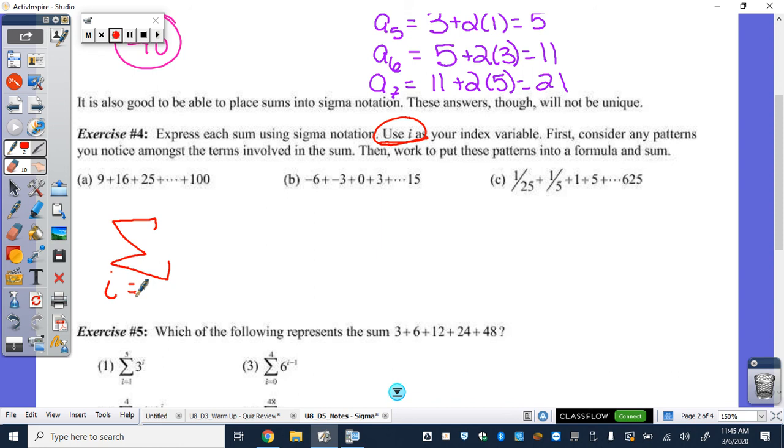I'm ending at 100. I'm noticing that these are kind of specific kinds of numbers. What kind of numbers are these? Perfect squares. So what is the square root of 9? 3. So I would say that this starts at 3. And where would it end? 10. And I'm just squaring my variable, so i squared.